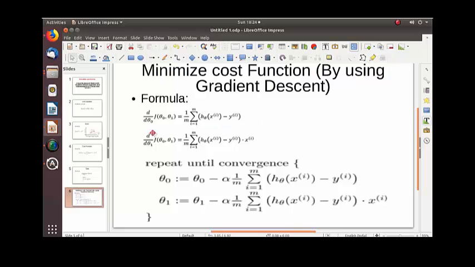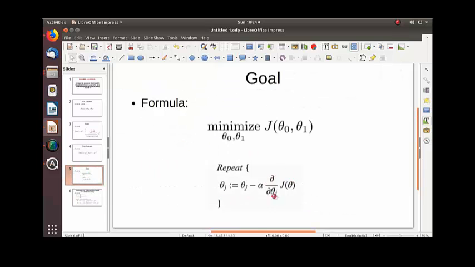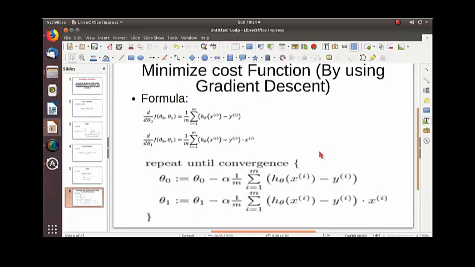This is the derivative of the cost function with respect to theta 0 and theta 1. After that, we put these values in this equation. So these are the two final equations. I think now we need to jump into the coding part.